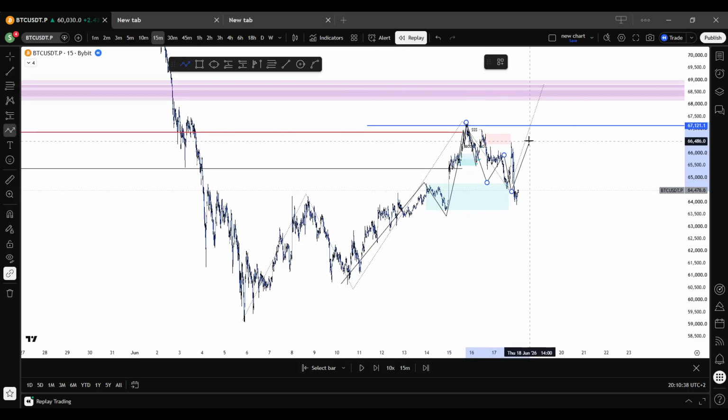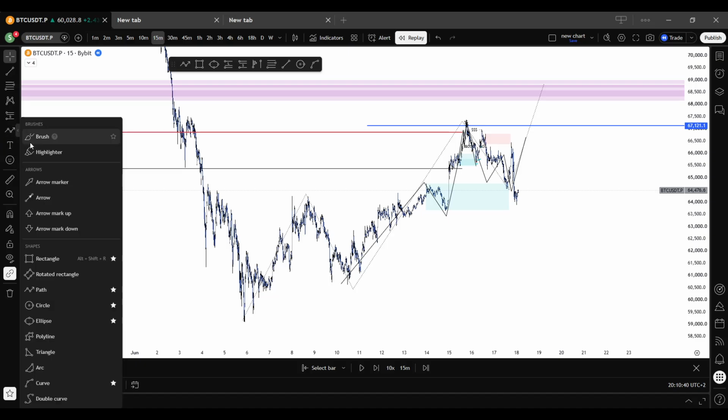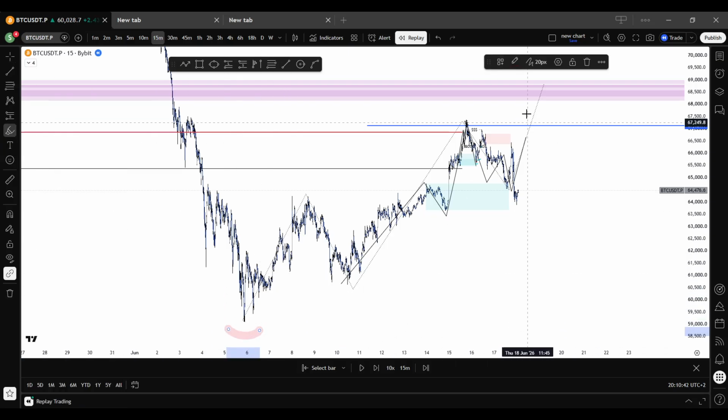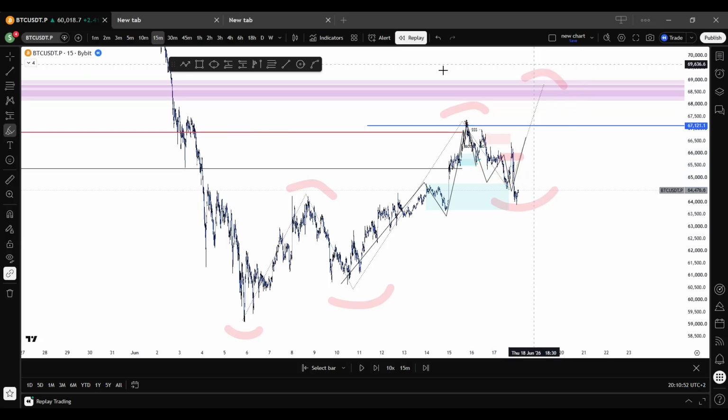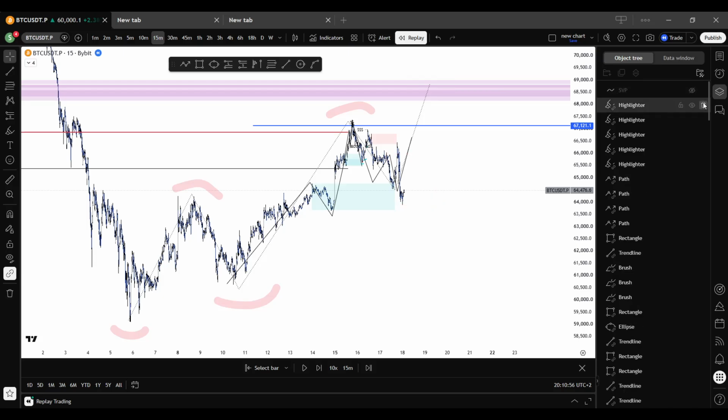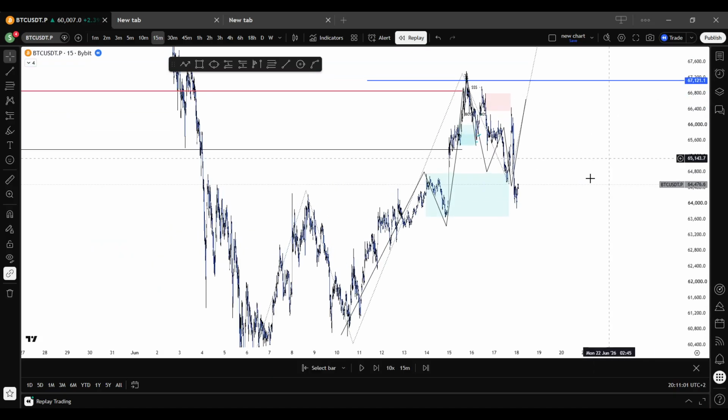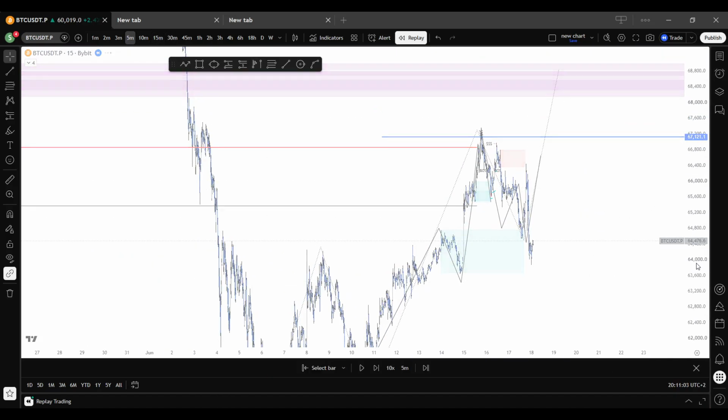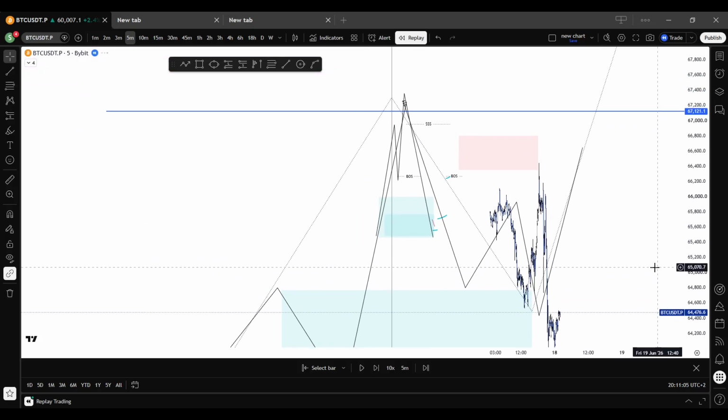So to confirm this move to the upside here, we would have to break low time frame structure here, level 2 structure. But we didn't really get that, and we kind of got the opposite from it because, as you guys can see, we also trade demand and supply.